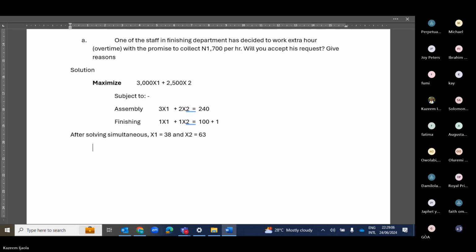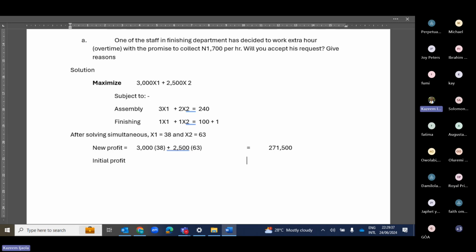So the new profit is equal to 3,000 multiplied by x1, that's 38, plus 2,500 multiplied by 63. So the new profit is equal to 271,500.